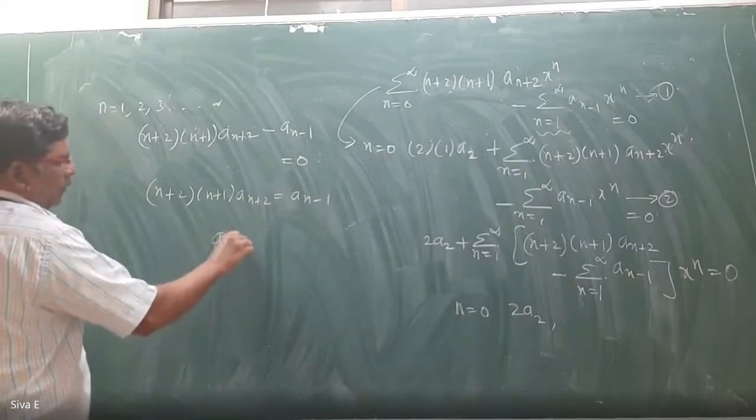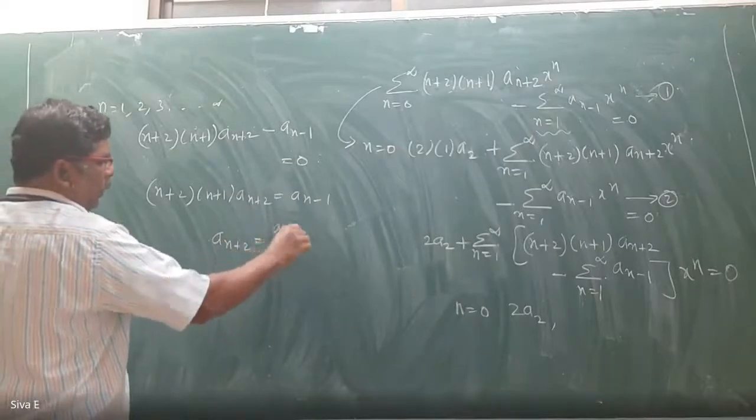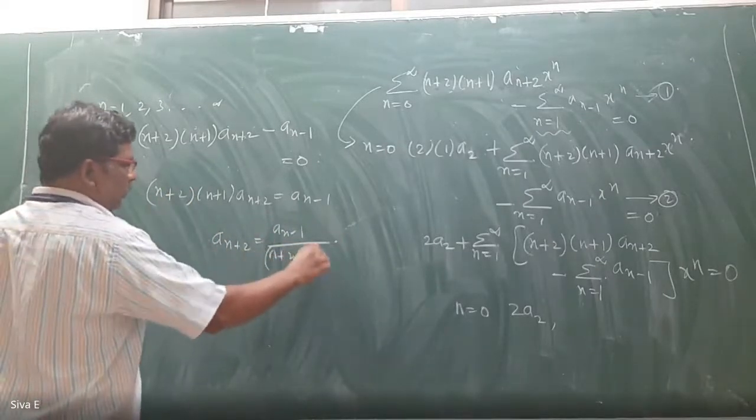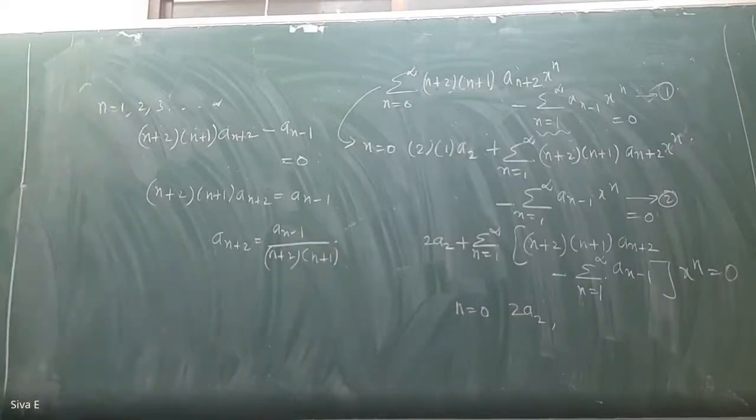So a n plus 2 equal to a n minus 1 divided by n plus 2, n plus 1.